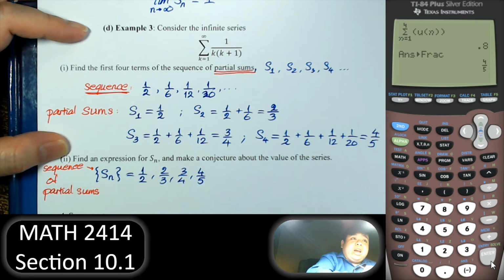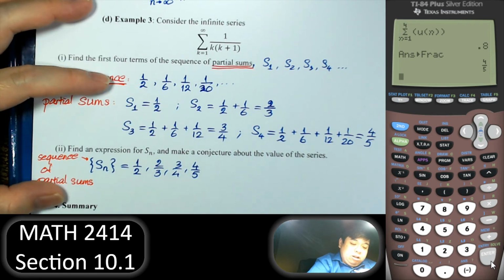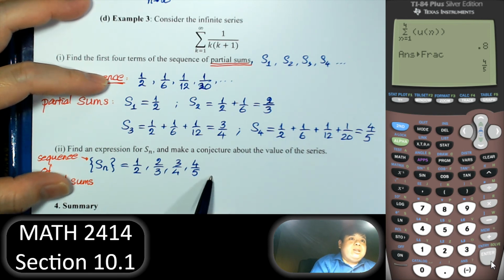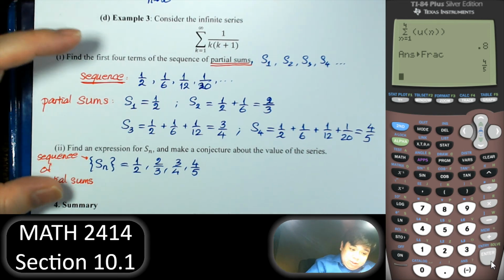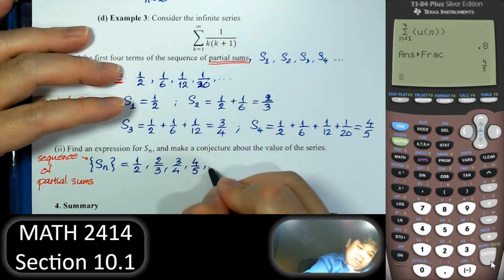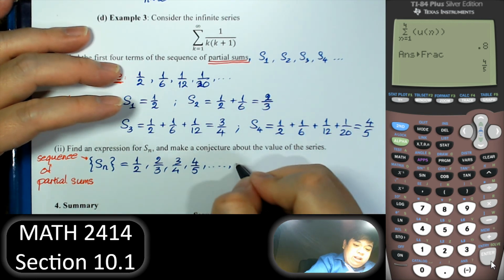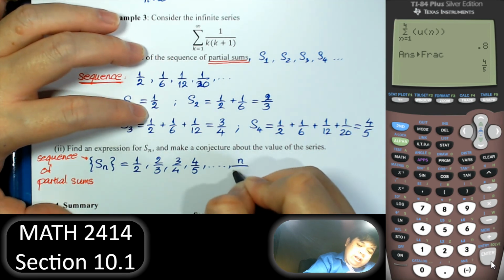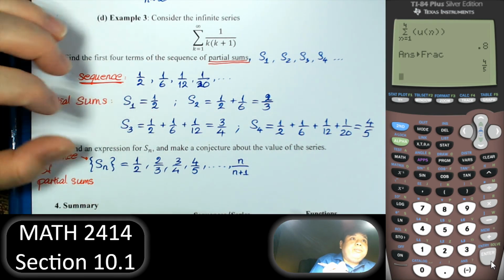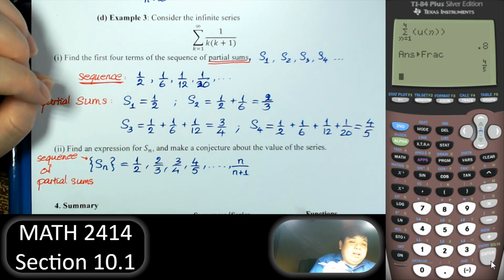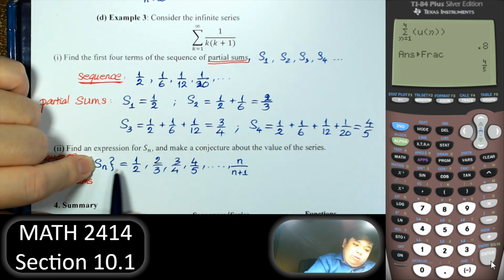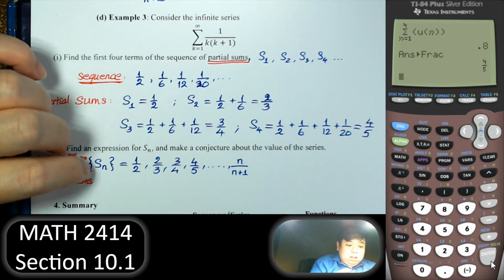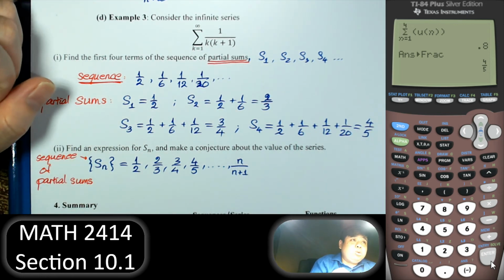If I ask you what is the next number, you'll say that's easy, right? The next one is 5/6. So if this pattern continues, it will be n over n plus 1. So the first term is 1/2. So the bottom always is 1 more than the top.